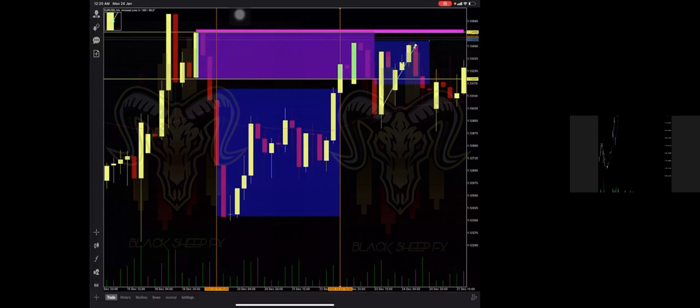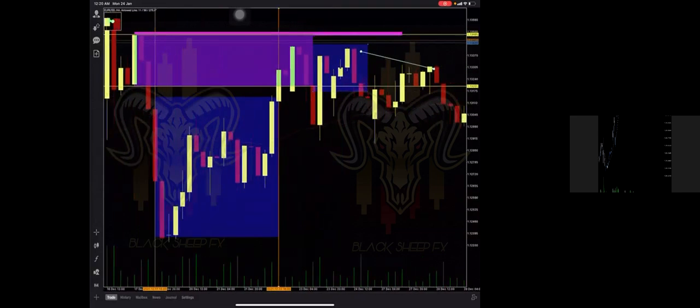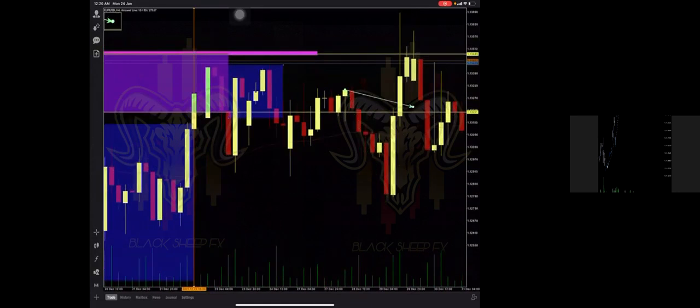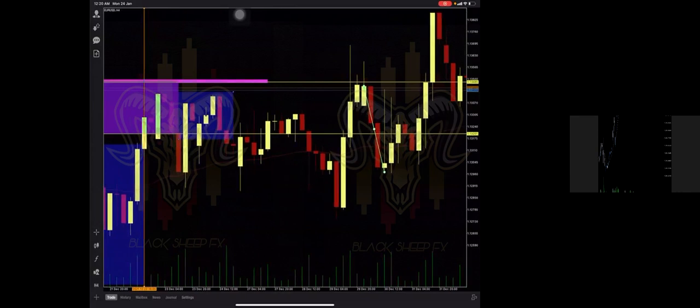So from here, it drops back down 50 pips, comes back up, drops back down 60 pips, comes back up, drops back down 14 pips. What happened here?